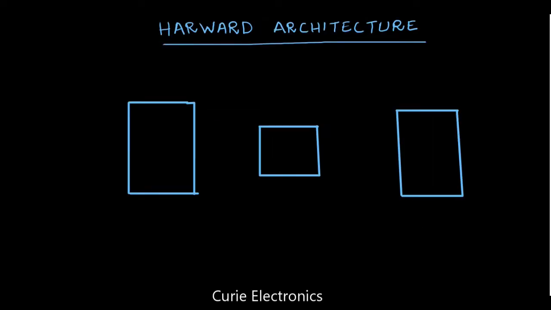Now, what is Harvard architecture? In Harvard architecture, we have two memories: one for instructions or program, and one more separate memory for data.